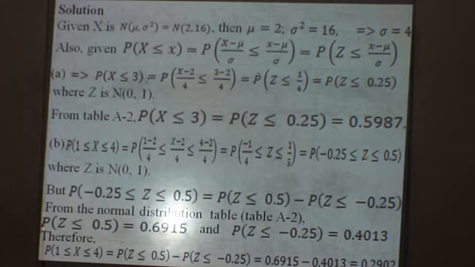Now let's come to the second question. We are to find the probability of 1 less than or equal to x and x less than or equal to 4. Now with this, substituting in the values. Here with the 1, that is the sample random variable, it will be 1 minus the mean, which is 2, divided by 4.